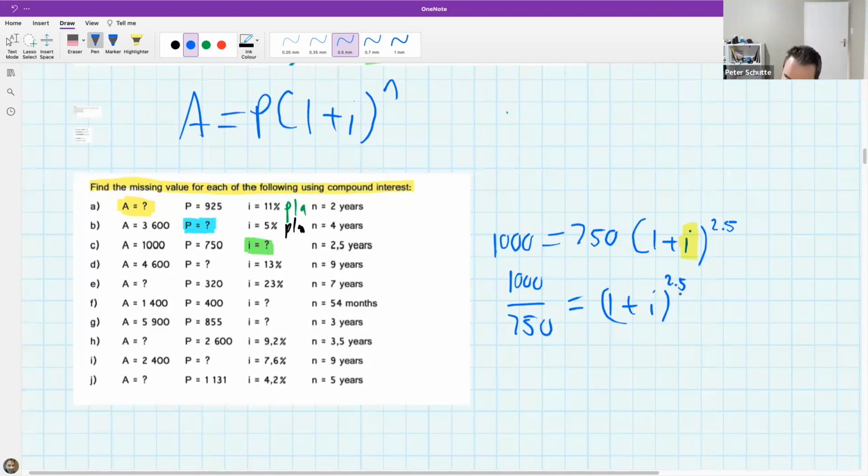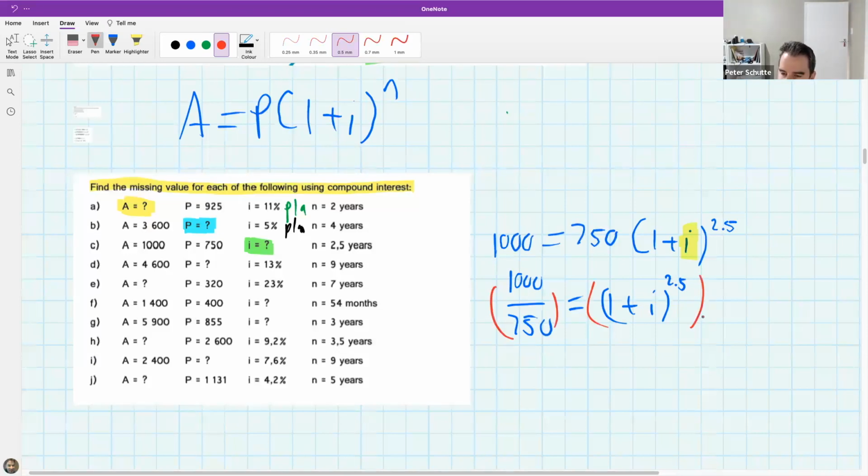But now we need a way of getting rid of something to the power of. Now, there's a couple of different ways we can do this, but I think if I think of raising it to, look, okay, let me put a bracket around this.